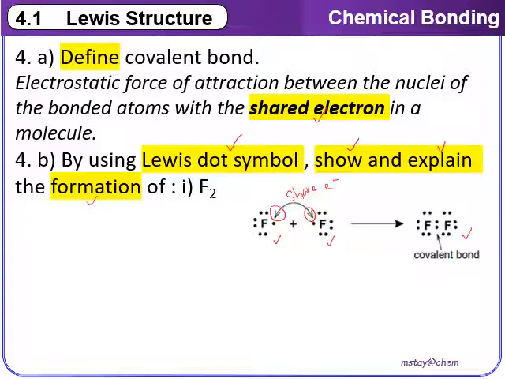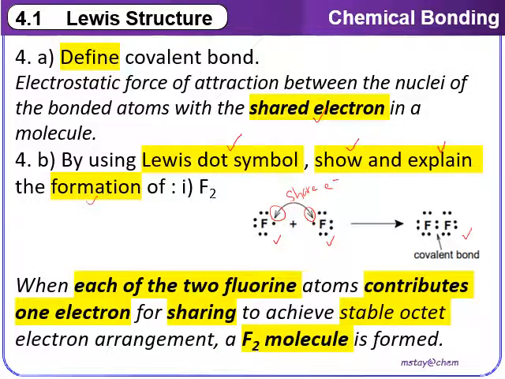If we want to do the explanation, we are going to use wording like in question number 3, where each of the two fluorine atoms contributes 1 electron. From this statement, we can see that both fluorine atoms have a contribution. Each of the two fluorine atoms contributes 1 electron, and then they share to achieve a stable octet. And then a fluorine molecule will be formed.